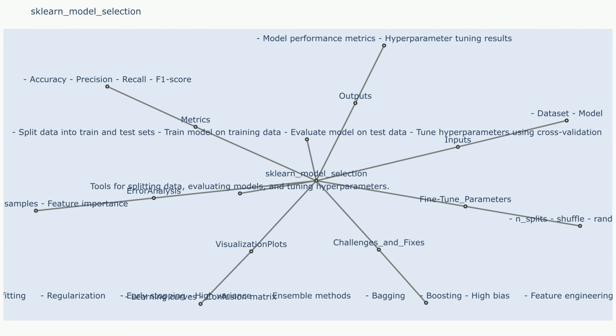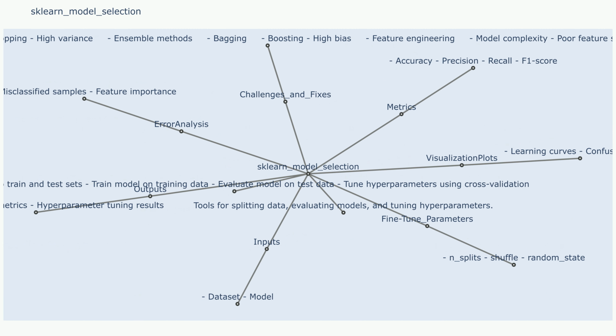Inputs: dataset, a structured dataset containing features and labels for supervised learning or just features for unsupervised learning. Model: a machine learning model, e.g., linear regression, logistic regression, decision tree, etc., from scikit-learn or another compatible library.